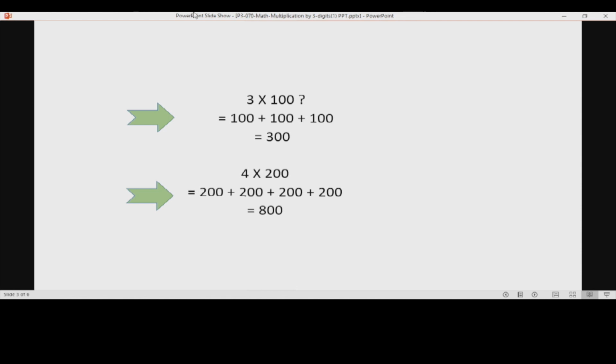We add 100, 100 plus 100 equals 200. 4 times 200. We just need to add 200.